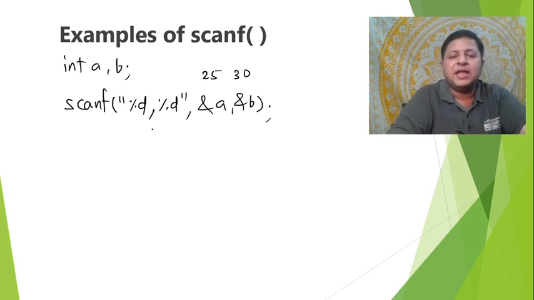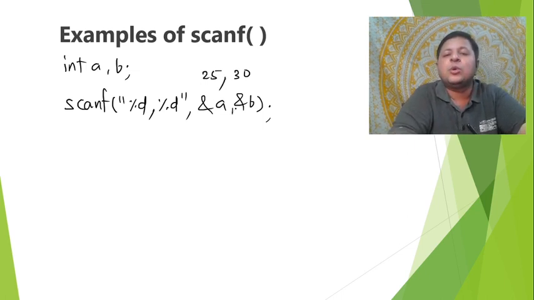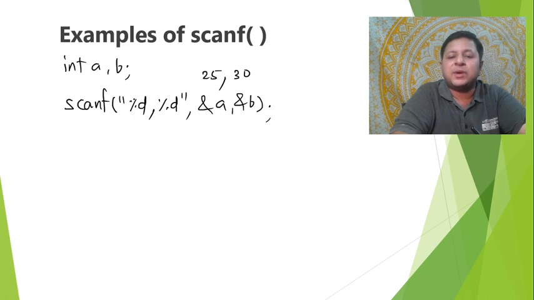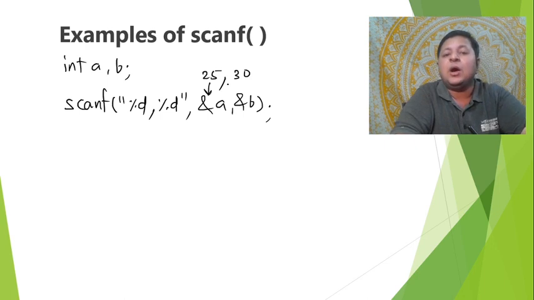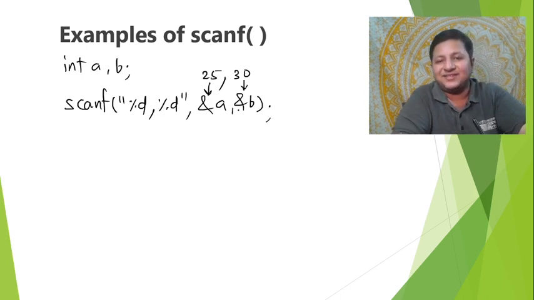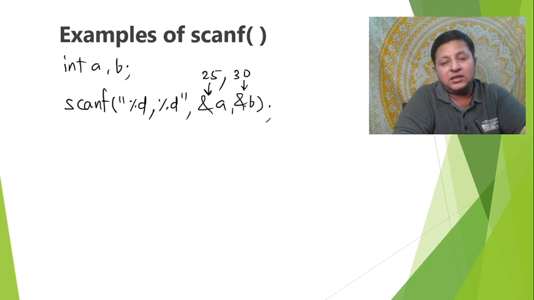So for example, if at all I put comma here while giving the input, the things are going to work properly. 25 matches with %d, so it will be read in A. Comma matches with comma, so it is simply overlooked, but the format matched. Because of that, it will go ahead with 30 matches with %d, and 30 will be stored in B.